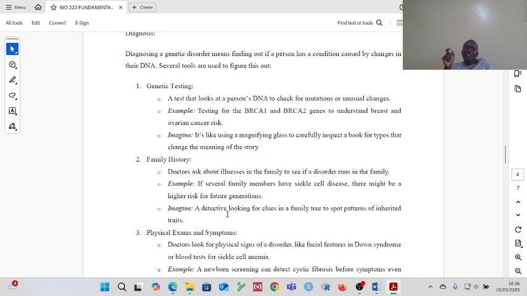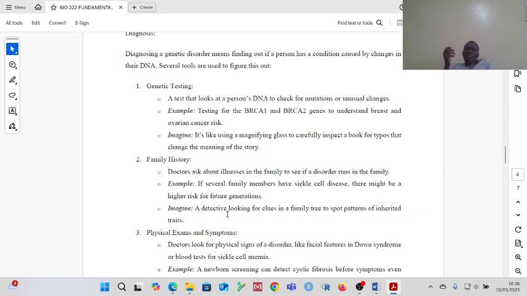That is what we call genetic testing. So you have to be tested to see if you have a particular mutation that is giving you the characteristics that you have. That is the first step in diagnosis for genetic disorders. The second thing is family history.